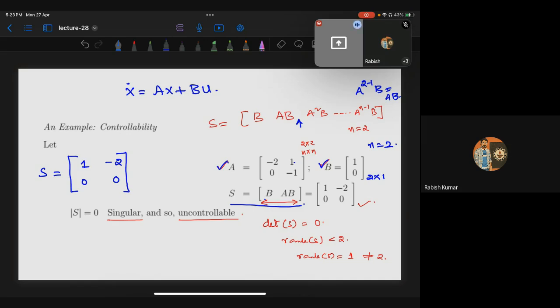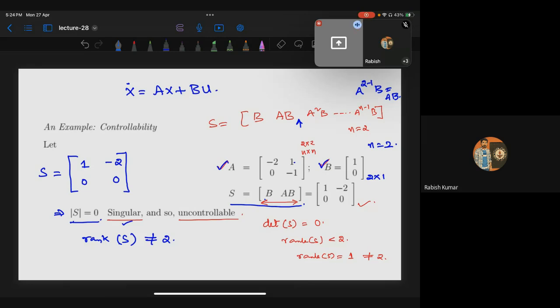So how do you find the rank of S? You take the determinant. The determinant of S is nothing but 0. When the determinant is 0, we say that the inverse does not exist, so it is called a singular matrix. Singular matrix means the rank of S is not equal to 2.